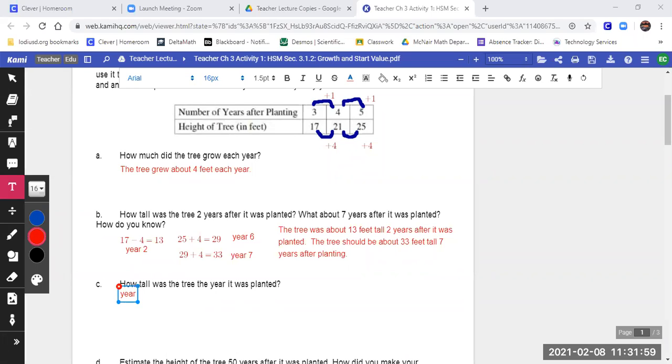Think about that. Is it years after if we've just planted it?